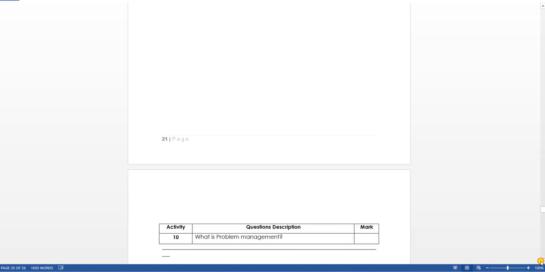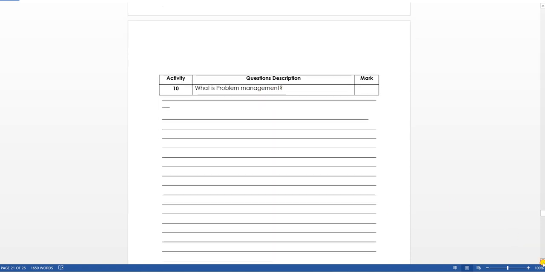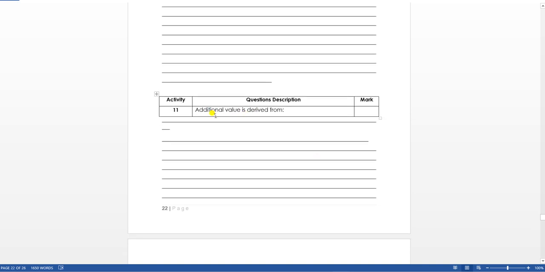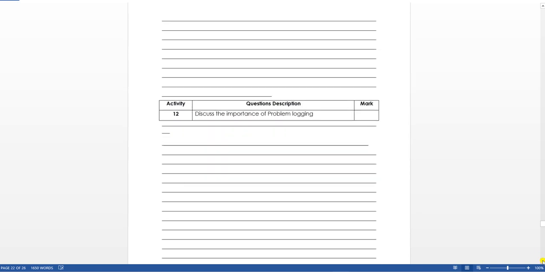And activity 10, you need to explain what problem management is. And activity 11, you need to complete the statement, the additional values derived from. That's for activity 11.